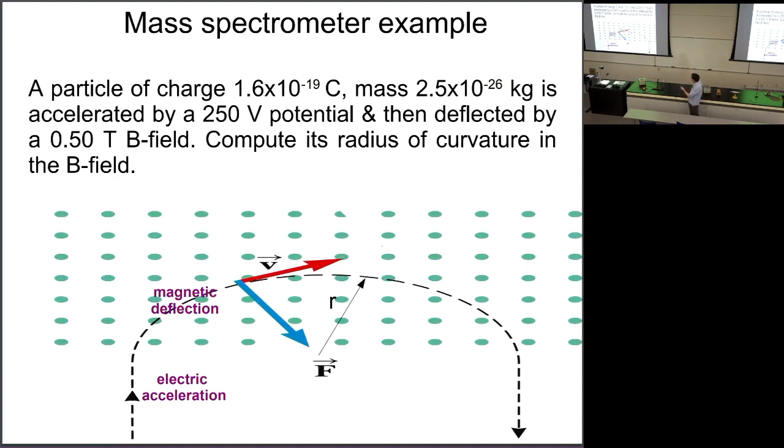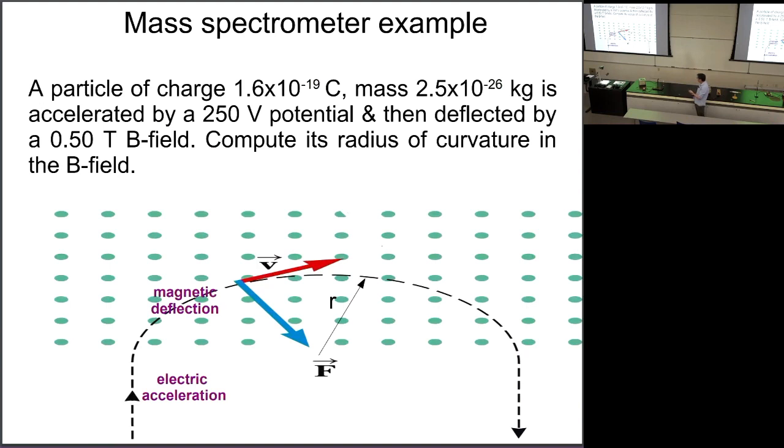And we're told that we do two things to it. Firstly, we accelerate it with an electric field. Secondly, we're going to deflect it with a magnetic field. So we're combining electricity and magnetism a bit. And this is pictured here. Here comes a moving charged particle, and then we're going to accelerate it.